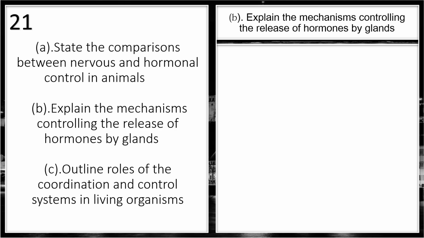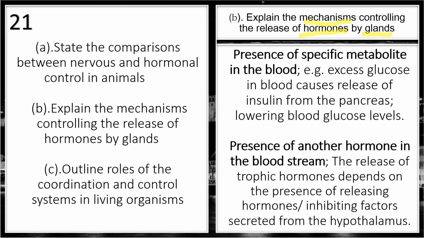Part B. Explain the mechanism controlling the release of hormones by glands. Presence of specific metabolites in the blood. For example, excess glucose in blood causes the release of insulin from the pancreas, lowering blood glucose level.